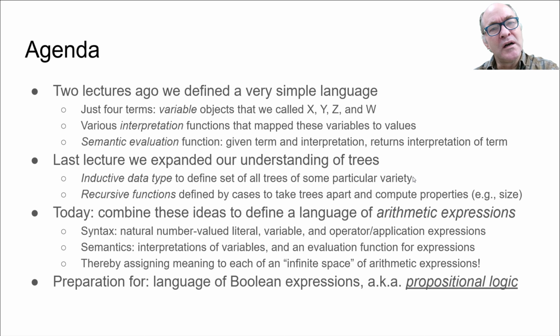Okay, so to summarize, we defined a syntax in the form of a set of 4 terms, just little variable terms. We defined interpretation functions that associate each term with a corresponding value.